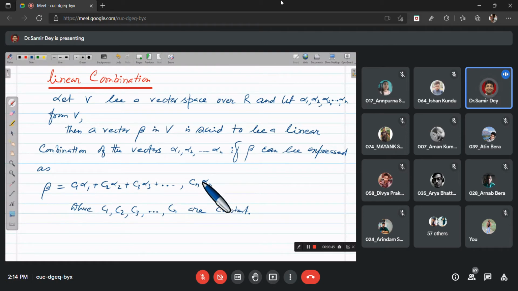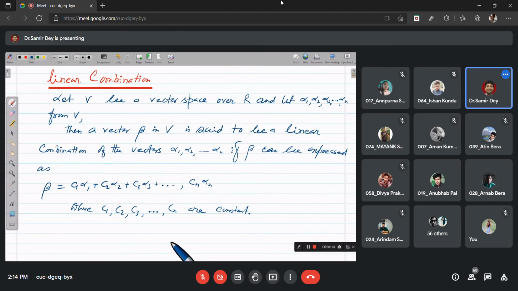If it is possible to express beta in terms of alpha 1, alpha 2, alpha 3, then this relation is called a linear combination of alpha 1, alpha 2 dot alpha n. Now, if you have a doubt, then try to rectify your doubts with some numerical example. Shall I move to the next slide?